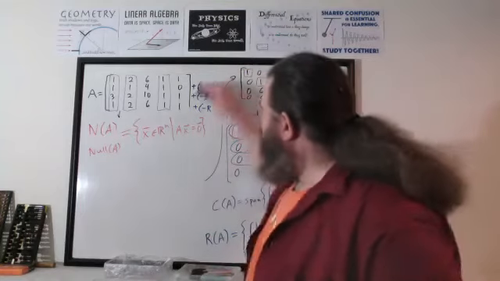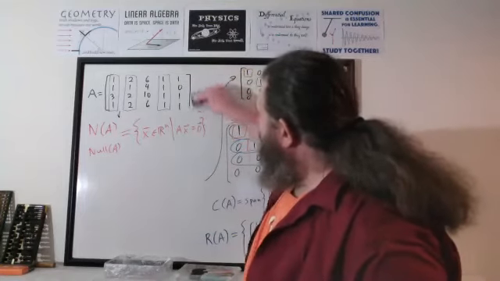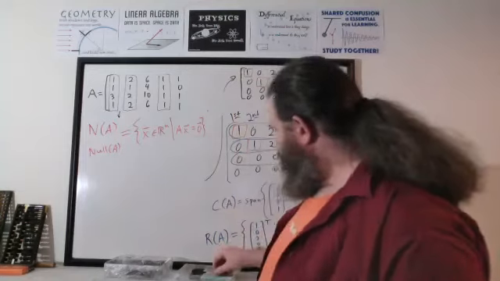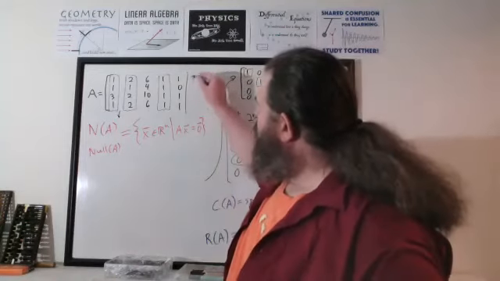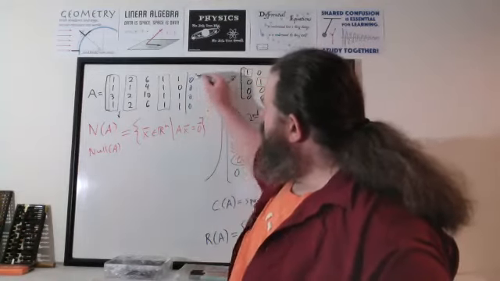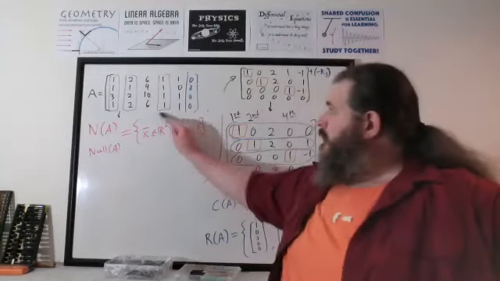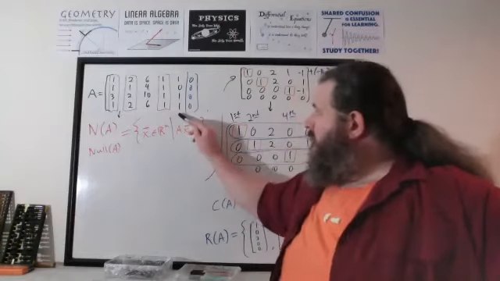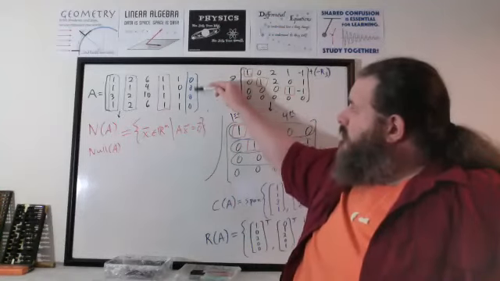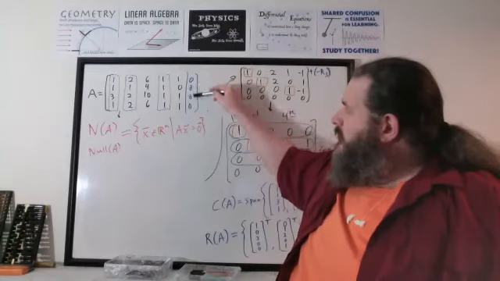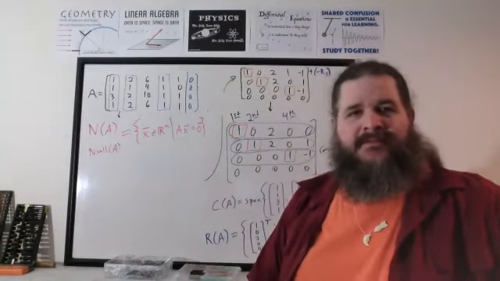And typically we would solve that equation by setting up an augmented matrix and then row reducing. However, we already did all the row reduction we need on the coefficients. If we apply those same operations to all these zeros, what happens to all these zeros if you do row operations?